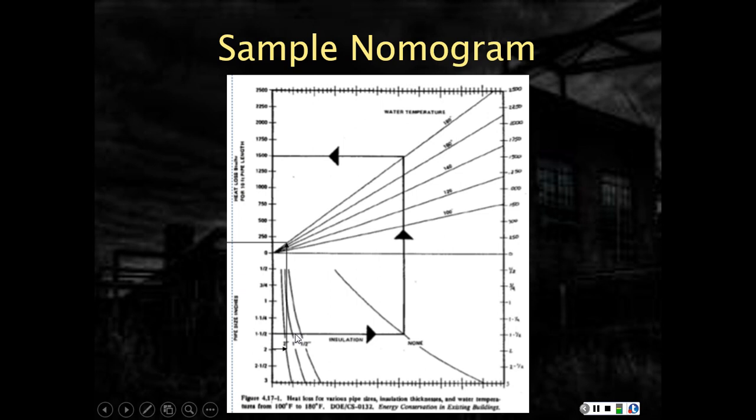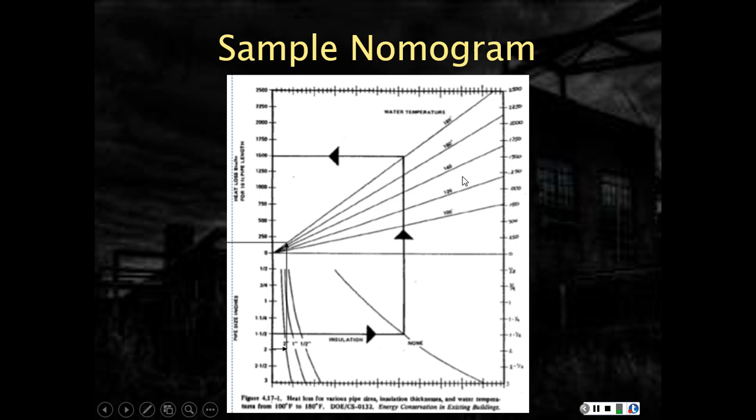When they enter the graph, they start moving to the right, and you stop when you get to the amount of insulation that you have starting with. So if my piping is uninsulated, I go all the way over to this. This is the insulation value for the pipe. In this case, it says none. I stop there and then I go straight up.